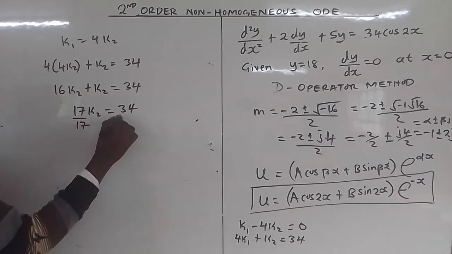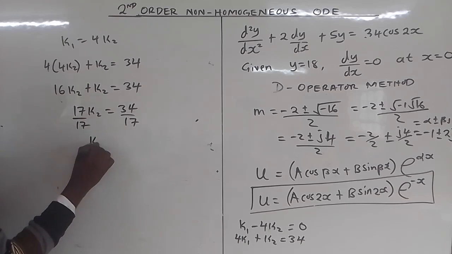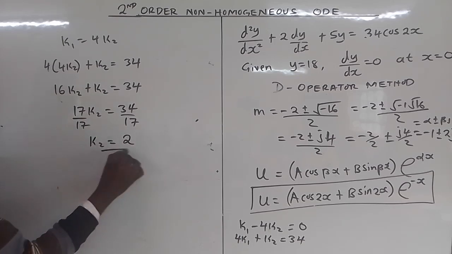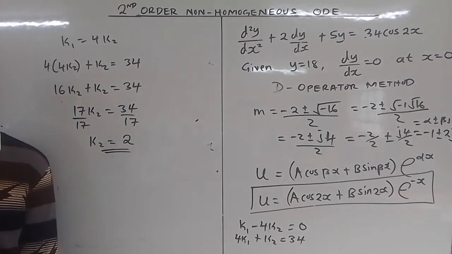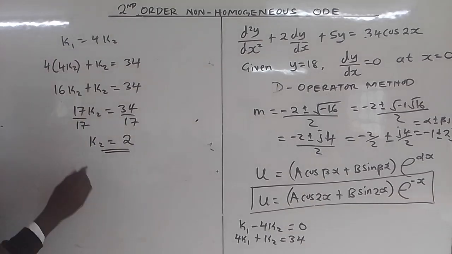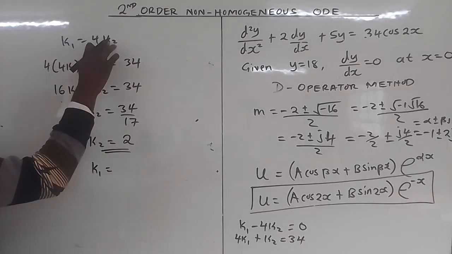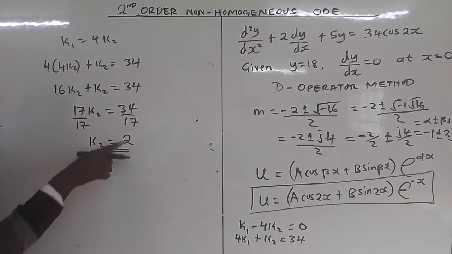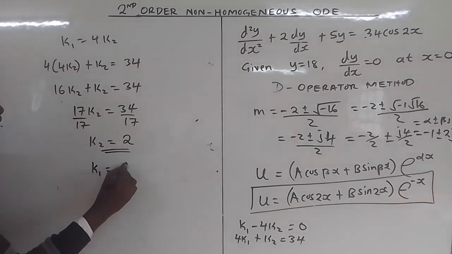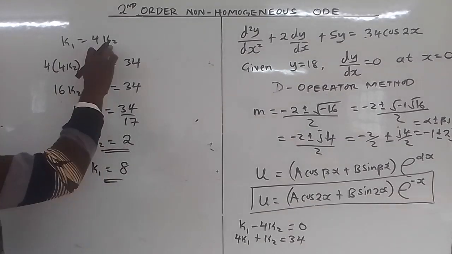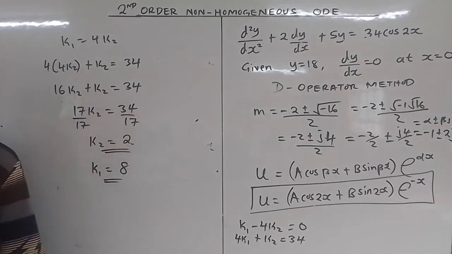So you divide both sides by 17, you get k2 is what? It is 2. So you found the value of k2, isn't it? And what is k1? k1 is 4 times k2, so 4 times 2, you get k1 to be 8.